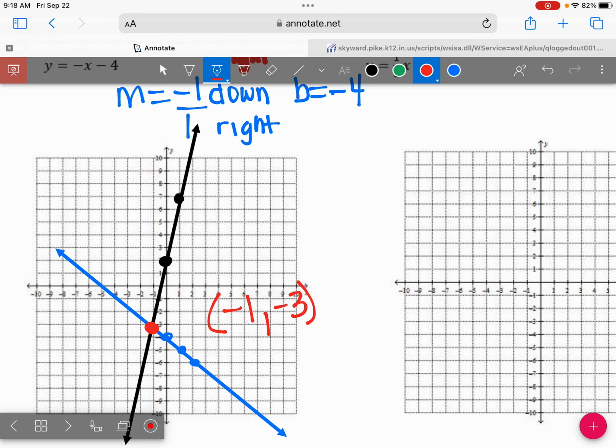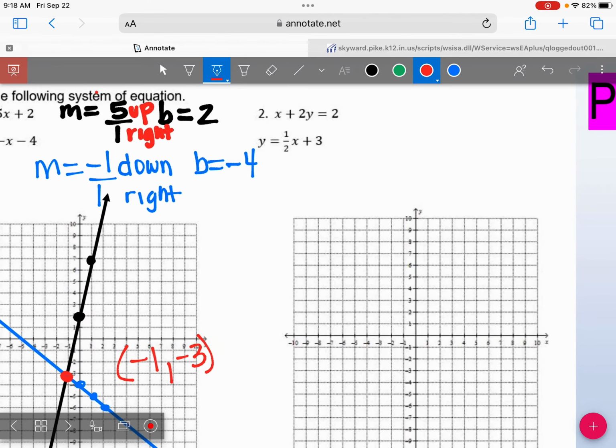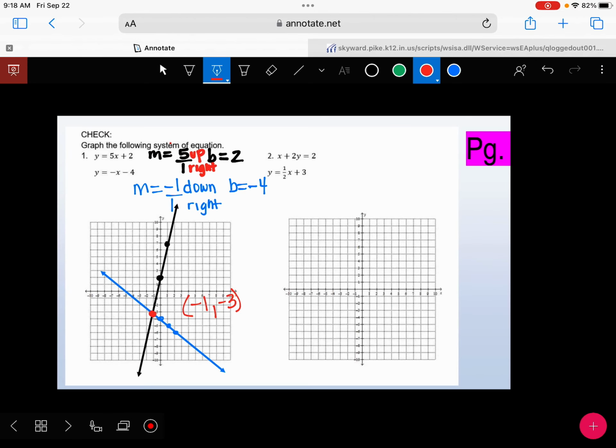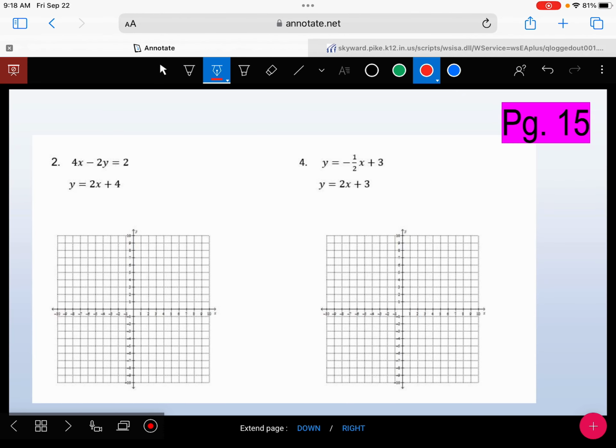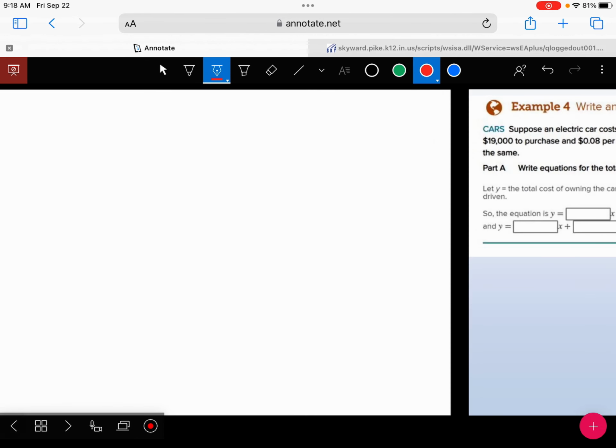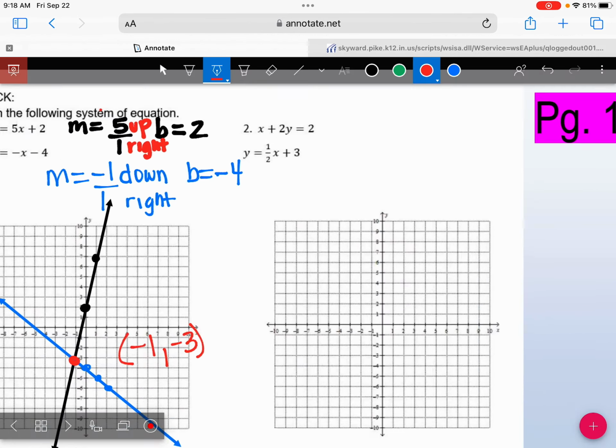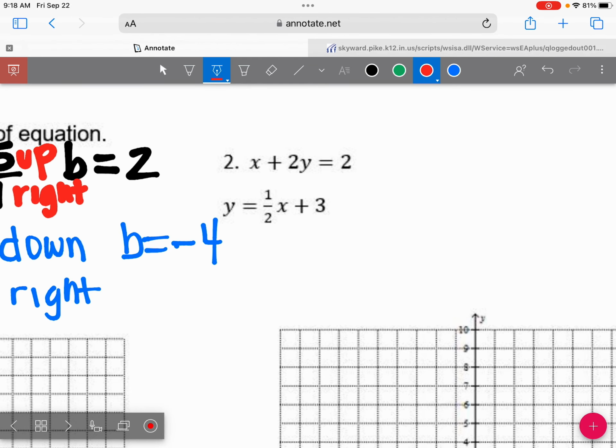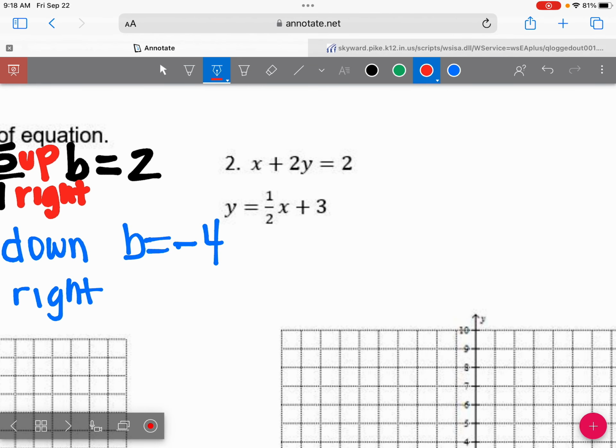All right, let's go ahead and graph, let's look at number 2. All right, so this one is not in slope-intercept form, so I'm going to do a rewrite.